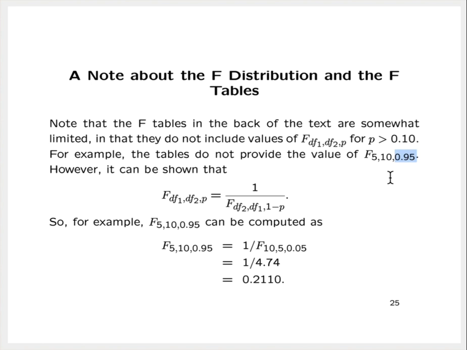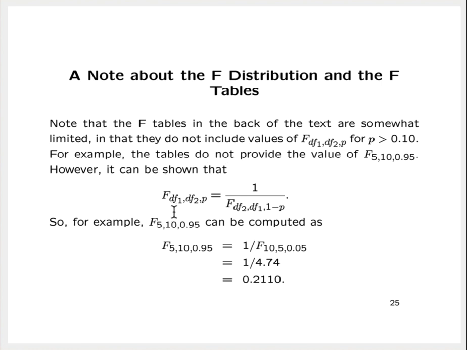This seems like a limitation, but the reason that this is the case is because we can obtain this kind of F value, this percentage point, using this relationship here.